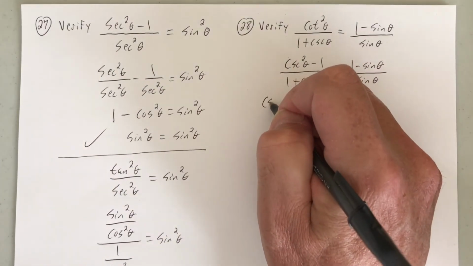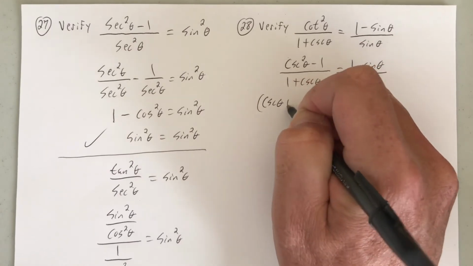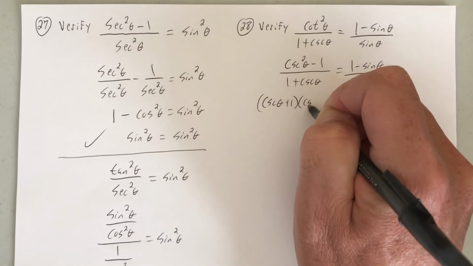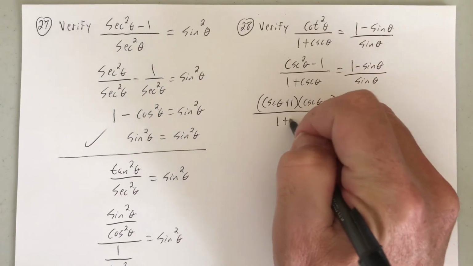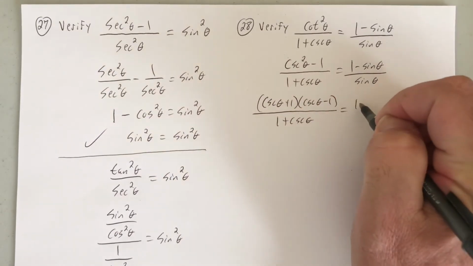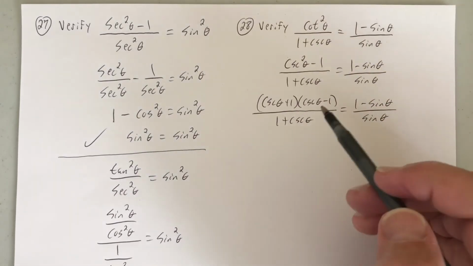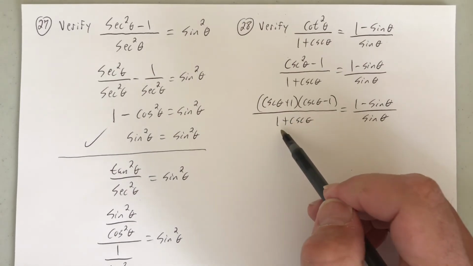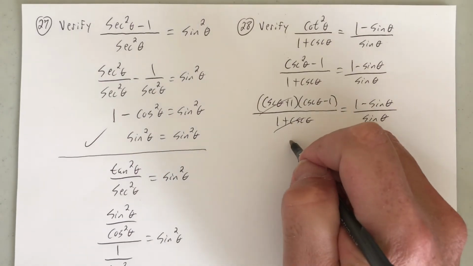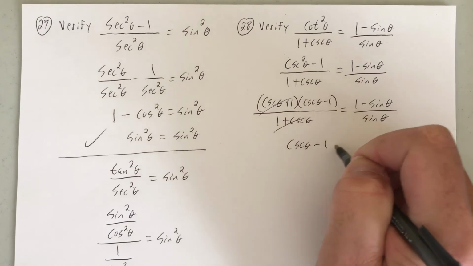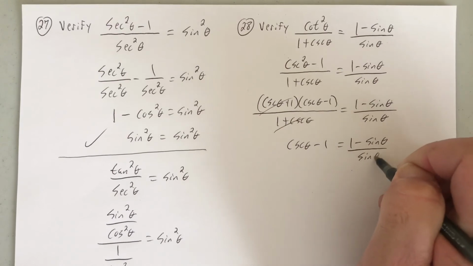So that's going to give me cosecant theta plus 1, cosecant theta minus 1 over 1 plus cosecant theta is equal to 1 minus sine theta over sine theta. So now here cosecant theta plus 1 is the same thing as 1 plus cosecant theta. They're the same factors. I can go ahead and reduce them, cross them out. So that leaves me with cosecant theta minus 1 is equal to 1 minus sine over sine theta.